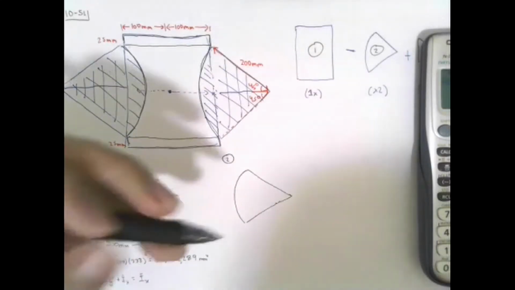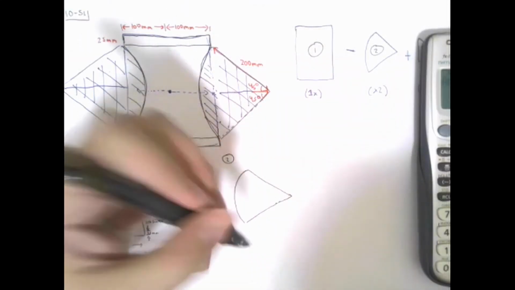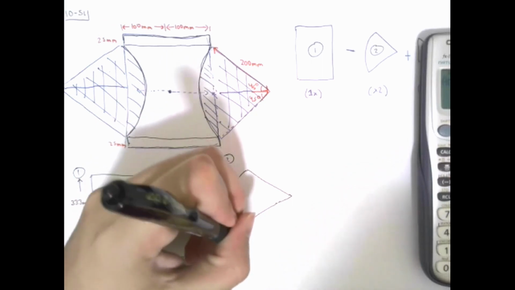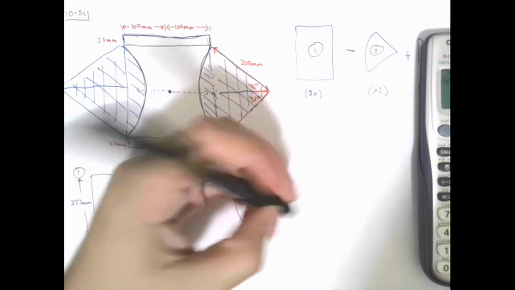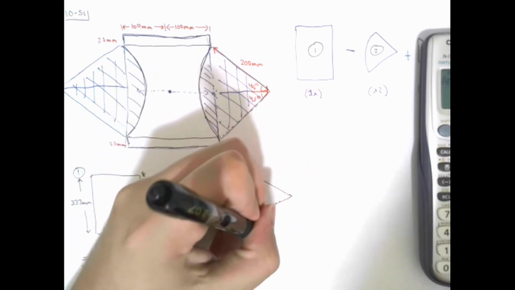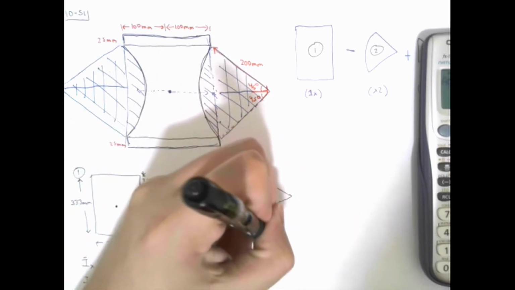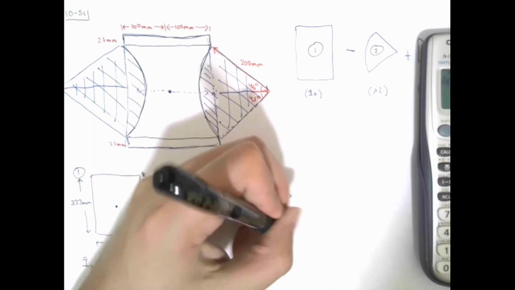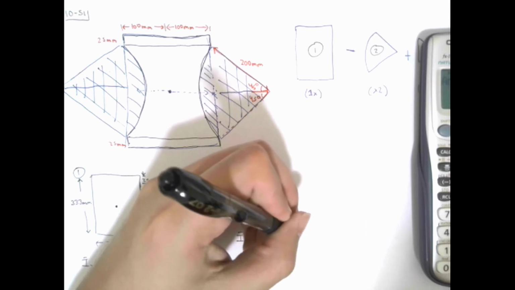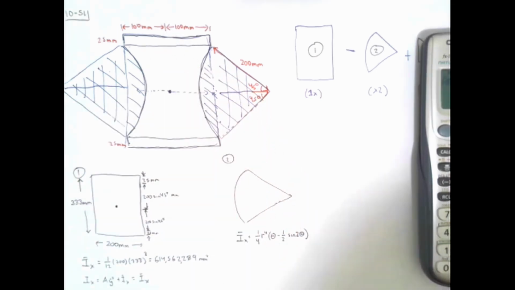So I'm going to write it down. The centroidal axis moment of inertia is 1 over 4, radius to the power of 4 times theta minus 1/2 sine of 2 theta. And the reason I'm writing this down first is so that I can know what I need to find.